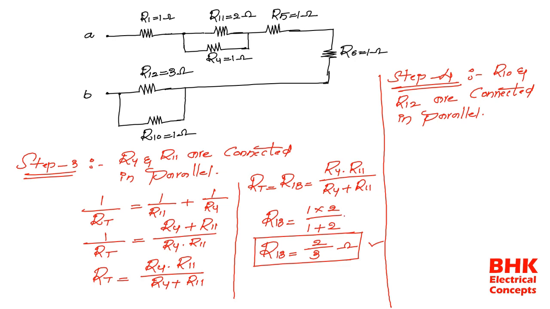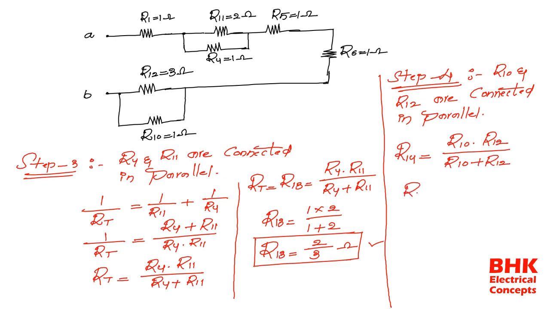So that is the reason why here we are calculating the value of R10 and R12. So the new value R14 is equal to R10 into R12 divided by R10 plus R12.